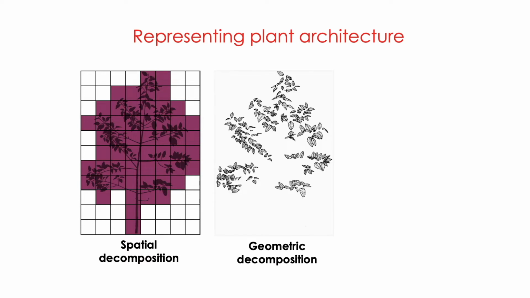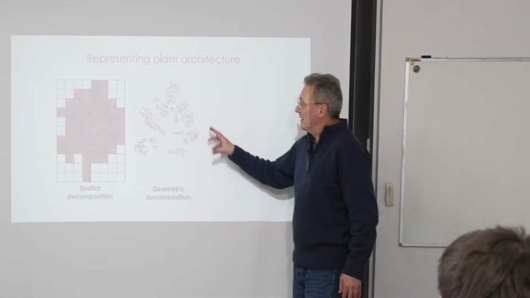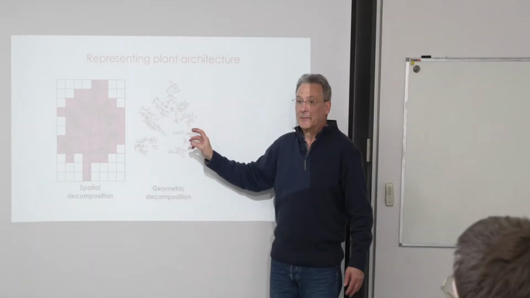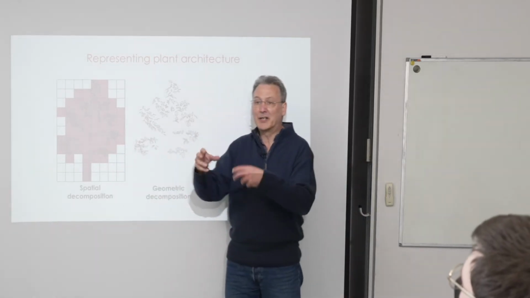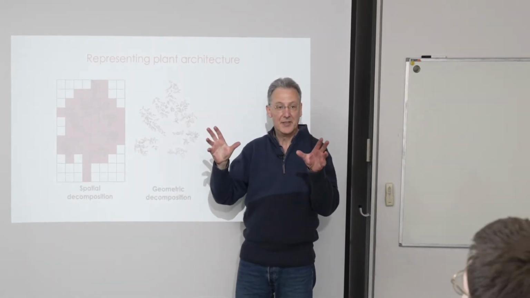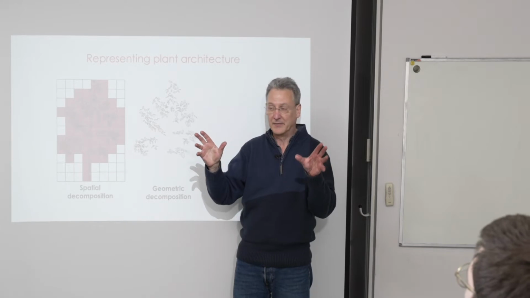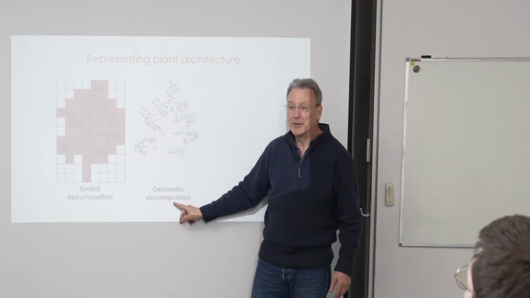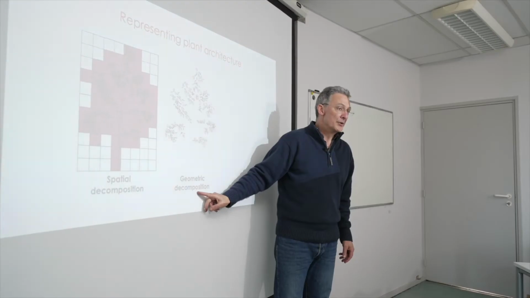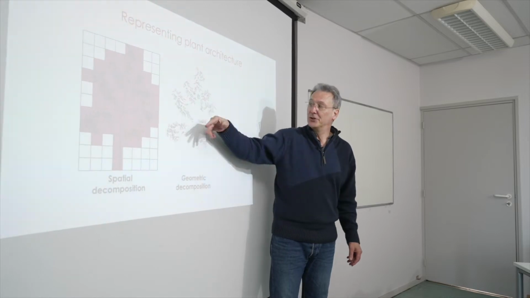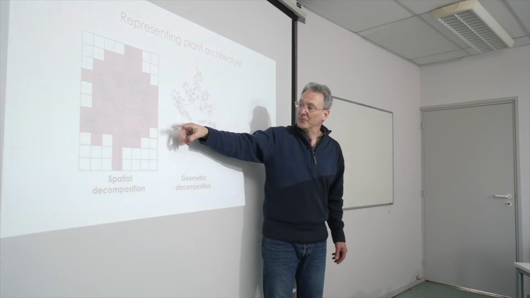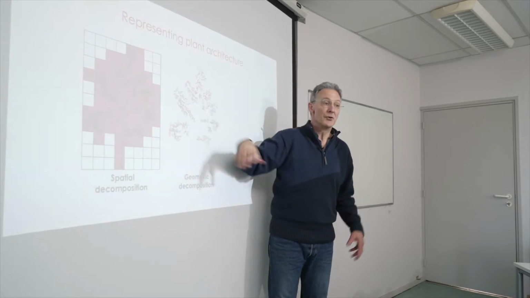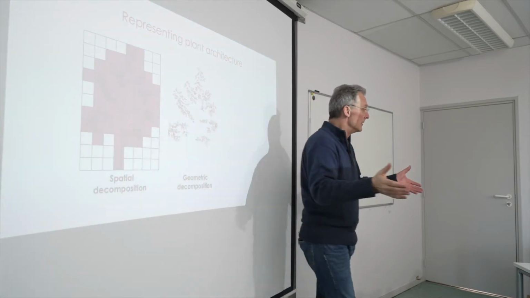A second idea would be to say, okay, I know the geometry of the different elements. I forget about the details of how they are connected with each other. I just need to know where they are in space. And this would be a geometric interpretation of the plant. I don't pay attention to the connection with everything. So I also remove the trunk structure and say that there is a distribution of leaves in space.